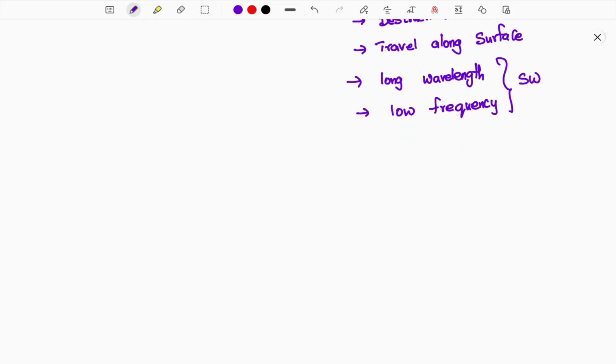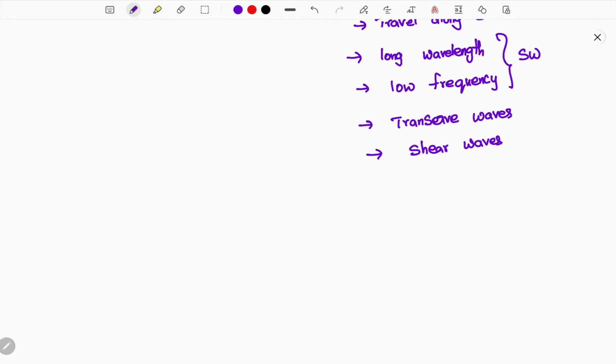You also need to understand these waves are mostly transverse in nature, though they do have longitudinal components. I will explain them in detail. They are also called shear waves, which is none other than surface waves.